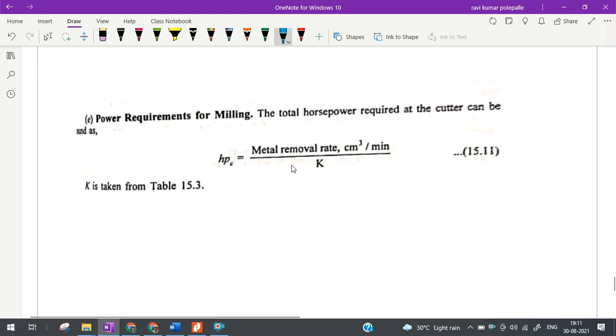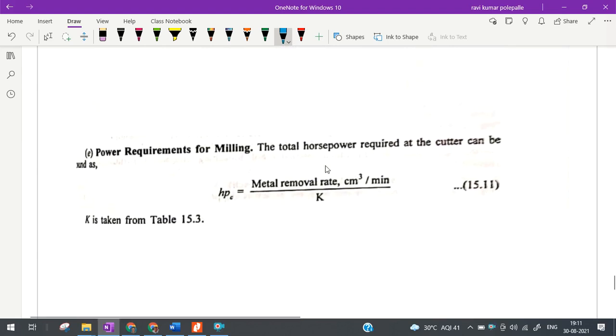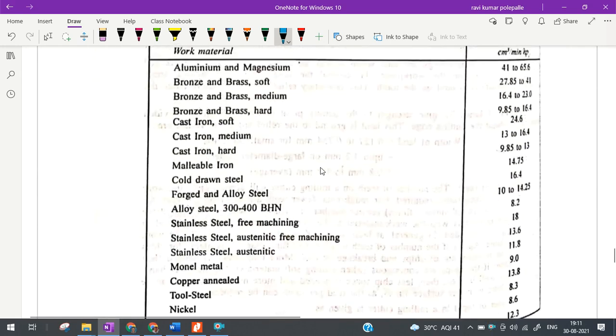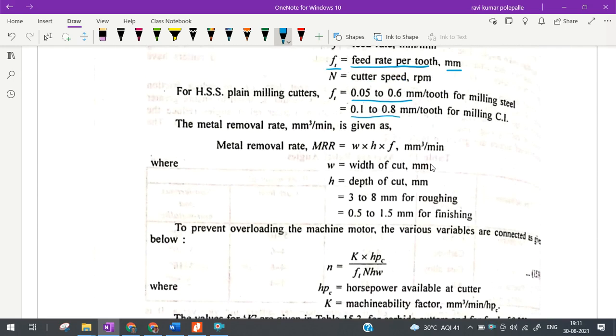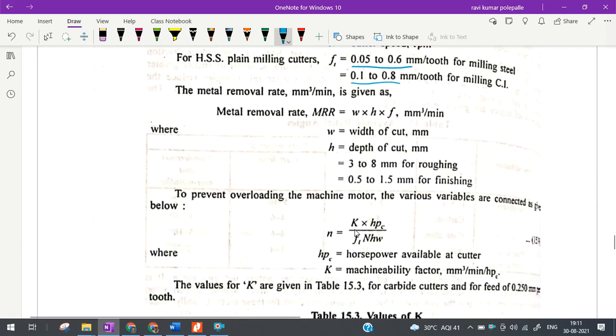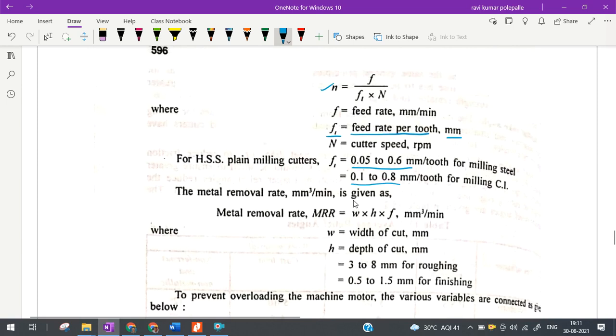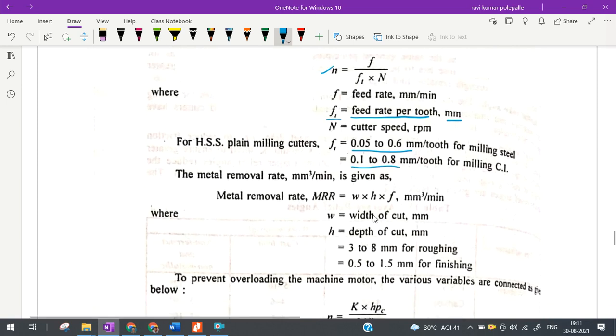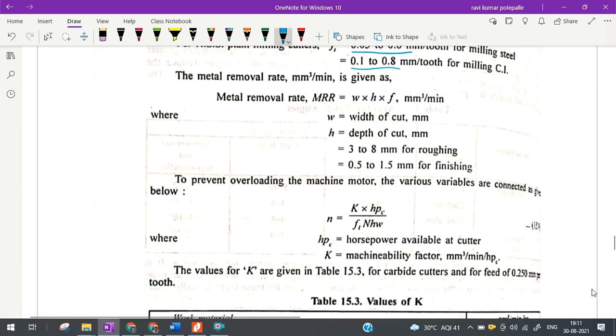Power requirements. Once again, HP is the horsepower required at the cutter. I write it as metal removal rate in cubic centimeter per minute divided by K. We find these terms have already come in the MRR as well as N. A combined consideration of these parameters shall give the number of teeth, the feed that may be selected, what shall be the width of the cutter, and what shall be the depth of the space.